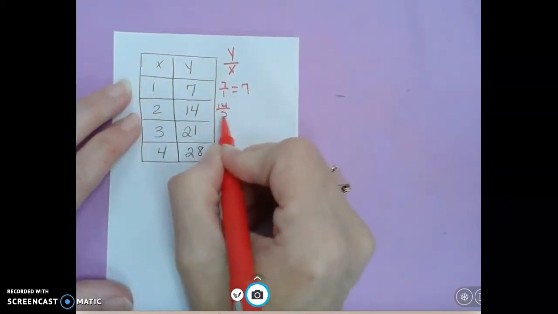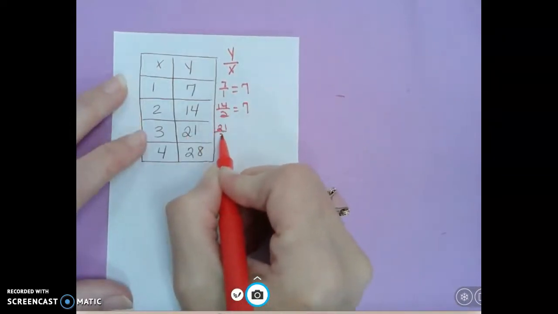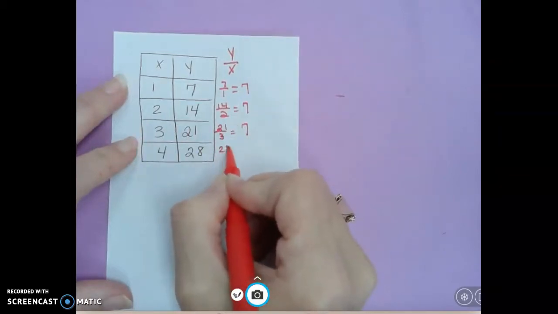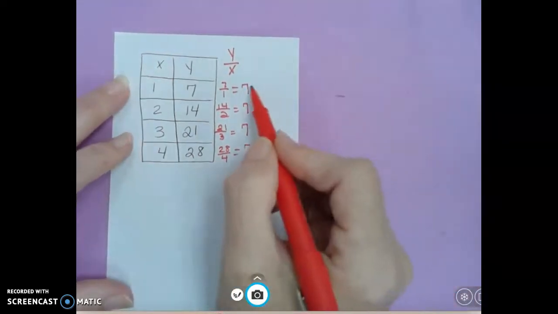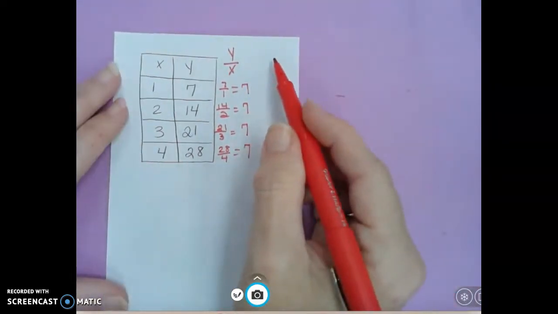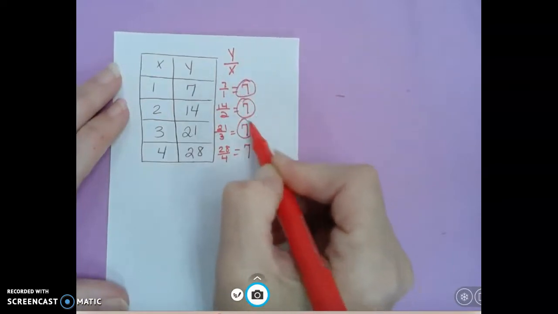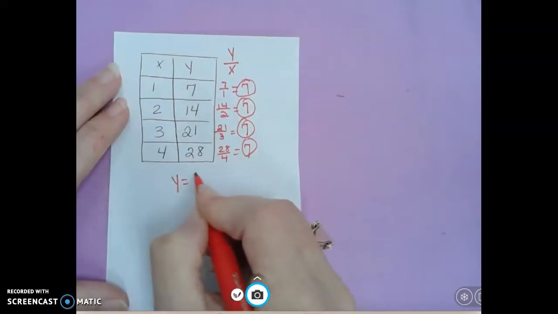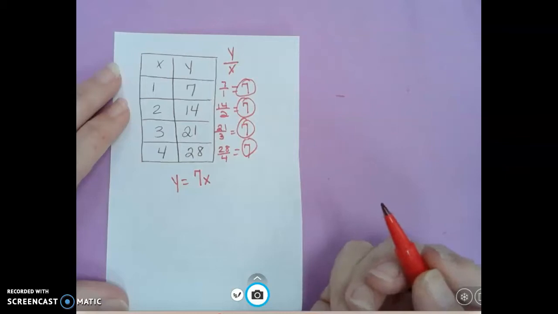We still get 7. 21 divided by 3, we still get 7. And 28 divided by 4 still gives us 7. So this 7 lets us know, first of all, it's proportional. And our constant of proportionality is 7. So if we wrote an equation, y equals 7x, that would be our equation.